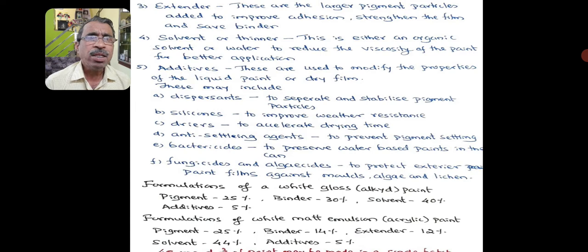The white glossy alkyd paint contains about 25% pigment, 30% binder, 40% solvent and 5% additives. The formulation of white matte emulsion, that is acrylic paint, contains 25% pigment, 14% binder, 12% extender, around 44% solvent and 5% additives. So these are generally used for the walls.